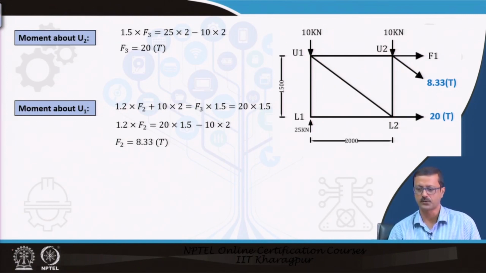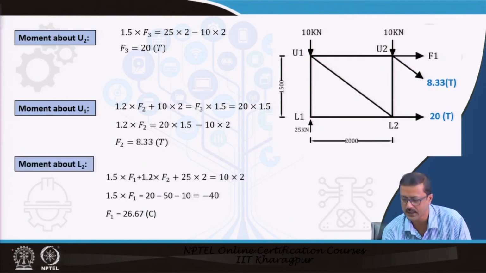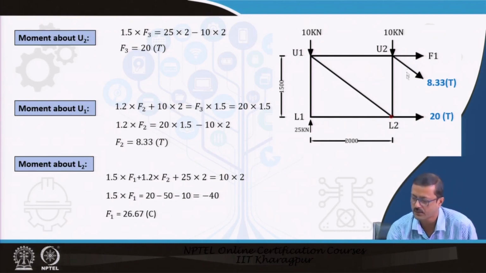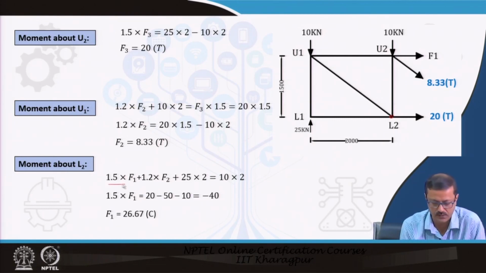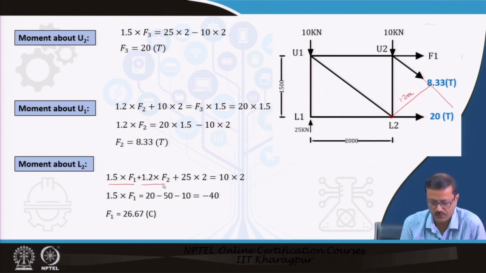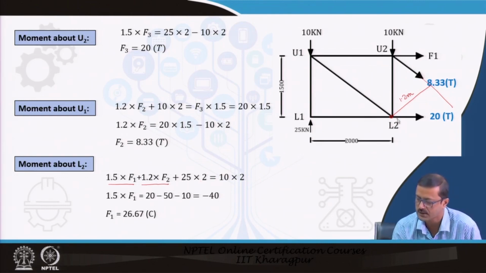And finally, I have to take a moment about L2. L2 is here, and if I take L2, since I already found out these, it will be very easy to find out this F1. So, the moment of F1 from this point is F1 into 1.5 meter. This is the line of action of the load, so this distance again is 1.2 meter into F2, and F2 I already know, that is 8.33, and then 25 into 2, because this force doesn't have any moment.